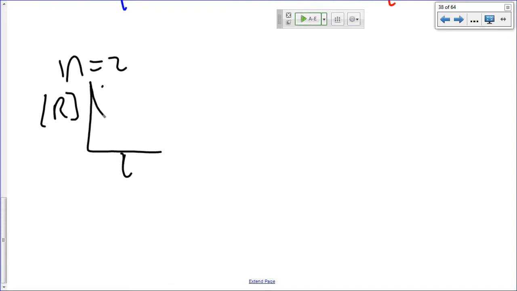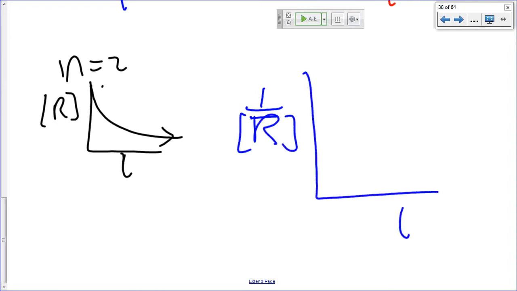A quicker way to check whether or not it is second order is to plot 1 over concentration of R versus time. What you'll find is if it happens to be second order, these data points, 1 over R versus time, are going to fall in a straight line, and your slope is going to be equal to k.